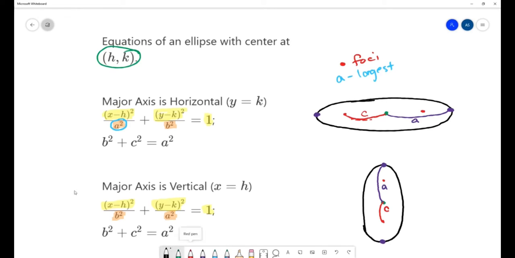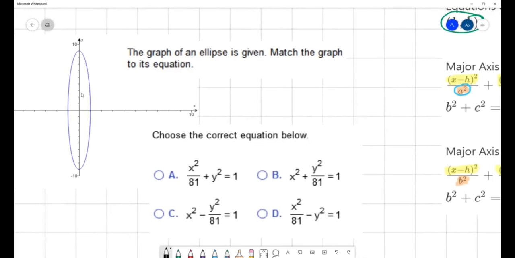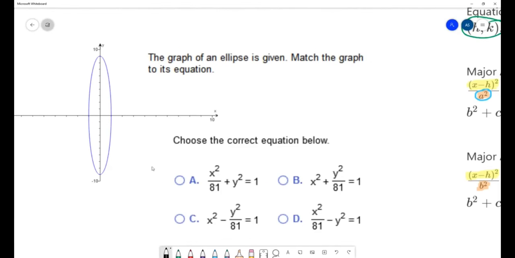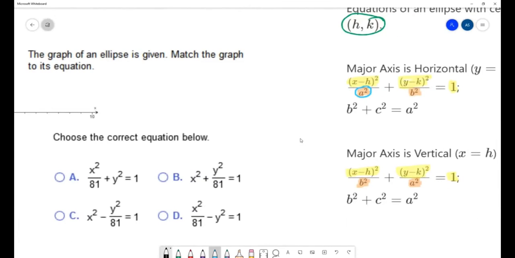So when I look at my picture over here, I can see that this is vertically oriented, and because it's vertically oriented, the longer one is going to be underneath the y.